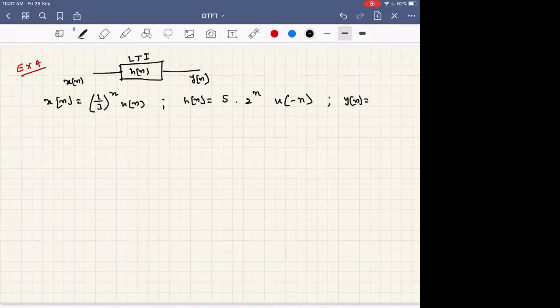Then we will multiply both, and then we will find the inverse Fourier transform. Then we will get y of n. Good. But actually, in the time domain, if I ask you to find it, what should we do? In the time domain itself, if you are asked to do it, what should we do then?